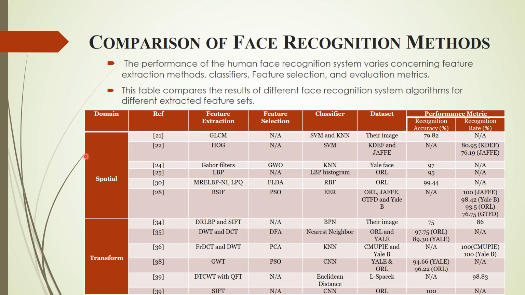Another example for spatial domain, GLCM as feature extraction without feature selection, with CSVM and KNN used as classifiers on their image dataset. The accuracy is 79.